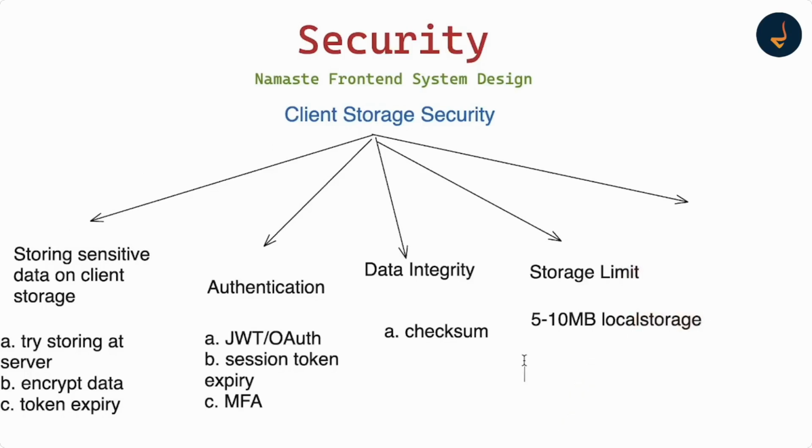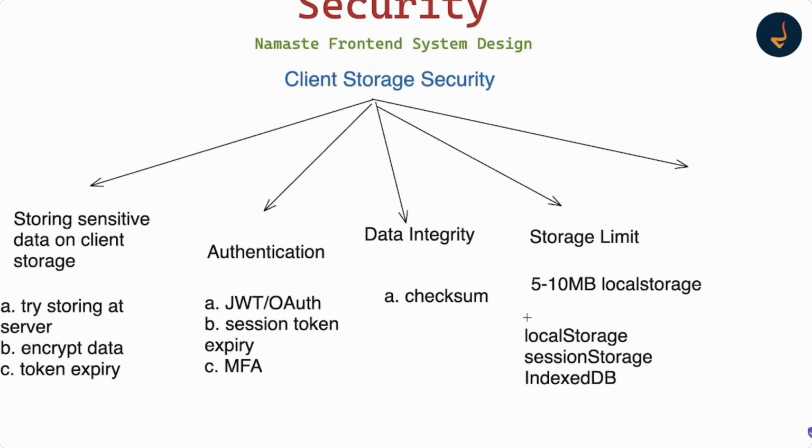We have different kinds of storage like local storage as I talked about. We have session storage. We have IndexedDB. We have other kinds of storage like cookies. Probably we can also have cache storage. So I will talk about cookie, and we have cache also, like browser cache to be precise, that I am talking about.